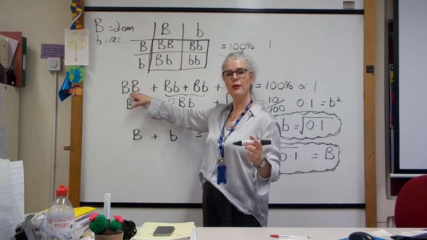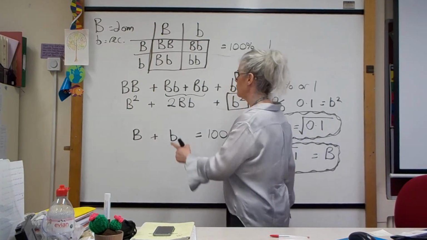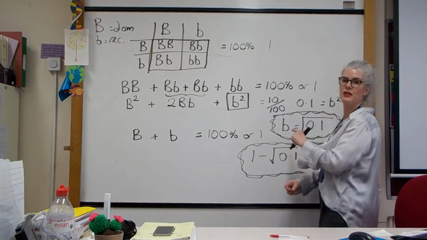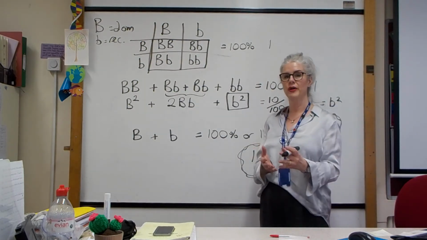If we wanted to know how many heterozygotes there were, we could do 2 times big B times little b to work out that number.